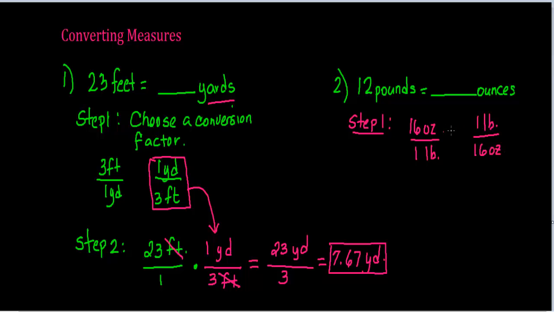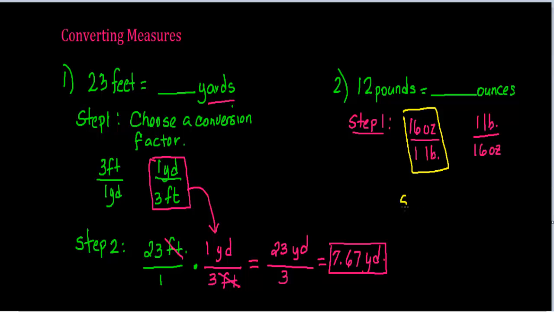So those are the 2 possible conversion factors. Which one do I choose? Well, the one where I can cancel pounds out with pounds, right? That's the one I want to choose. And also the one that has ounces on top, so that I'm left with ounces at the end of the problem. So which one of these two do I choose? I'm going to choose this one, because this one is going to enable me to cancel out pounds with pounds.